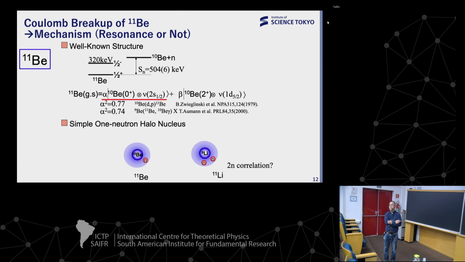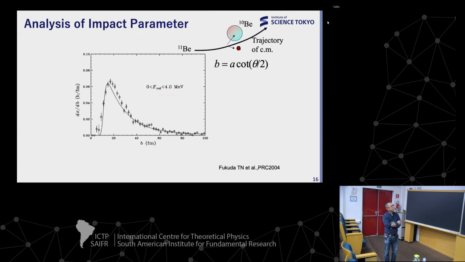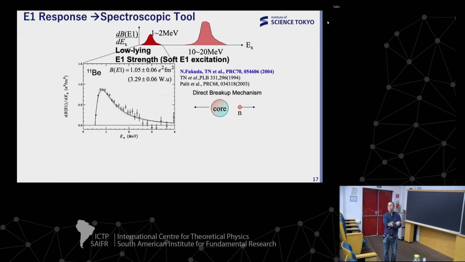I've got a follow-up question on the slide, like slide 17. If you do an E1 transition from the S wave, because you measure up to about 4 MeV in relative energy, right? And if you look at the beryllium 11 spectrum, there is a 3/2 minus resonance somewhere.